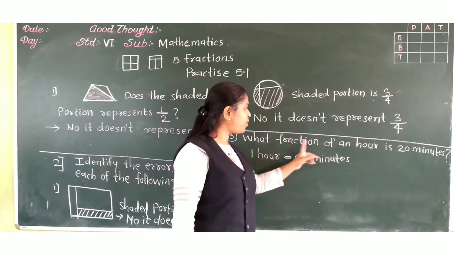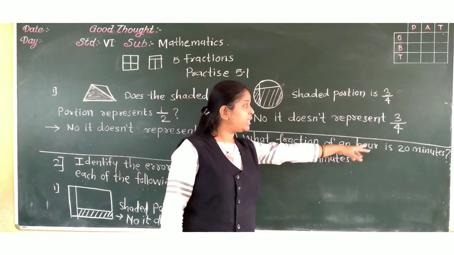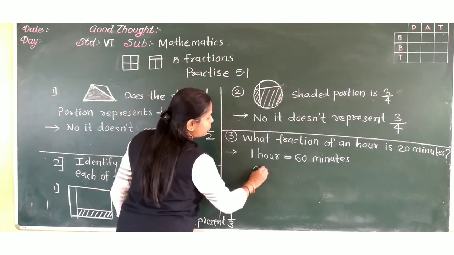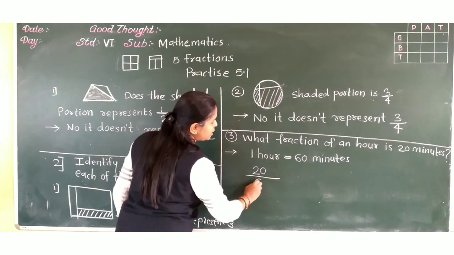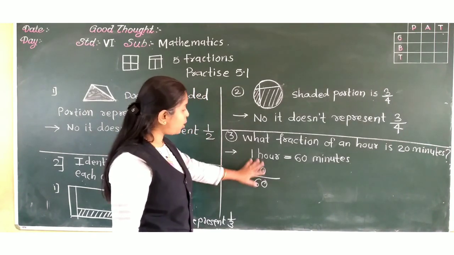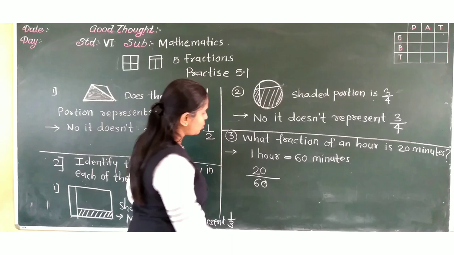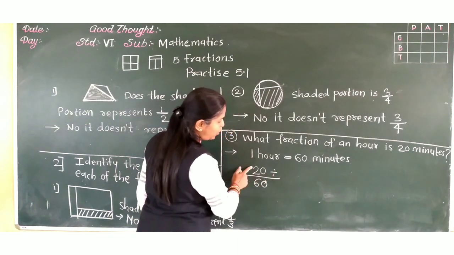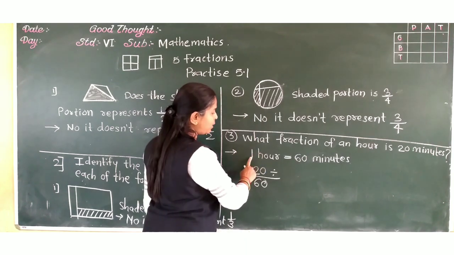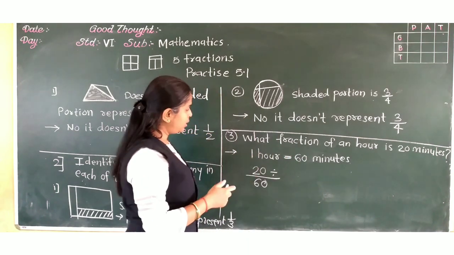Now here, what fraction of an hour is 20 minutes? Hour means 60 minutes, and what is 20 minutes of 60 minutes? What is the part? So how to write? 20 divided by 60. 60 minutes means 1 hour, so I have converted 1 hour into 60 minutes.